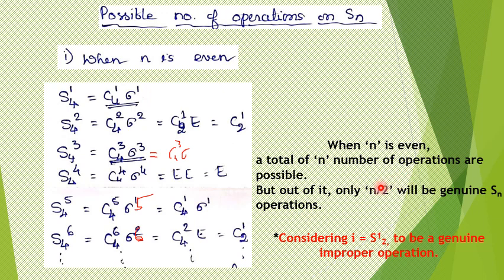The remaining n by 2 will be identity, and usually they are covered by other symmetry elements, usually identity plus proper axis covers all of the remaining n by 2. That is the case when n is even. Now the interesting thing is when n is odd.